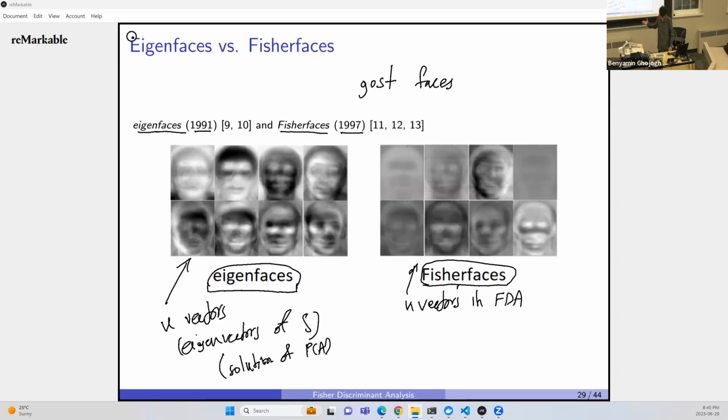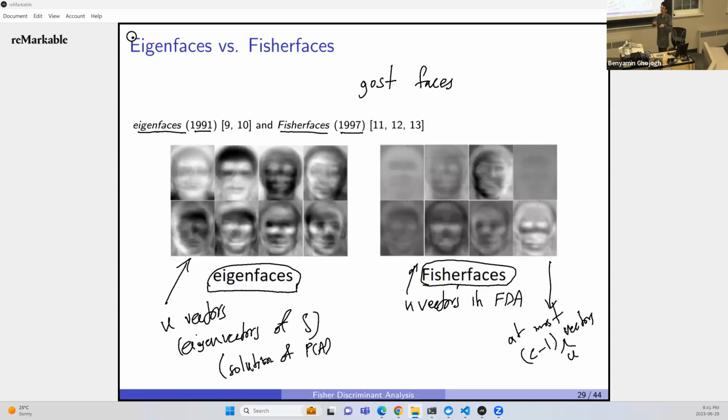Why? Because these are facial images and we are using Fisher discriminant analysis, right? Now, compare these two. By the way, I know that I have at most, can you tell me? At most C-1 U vectors.